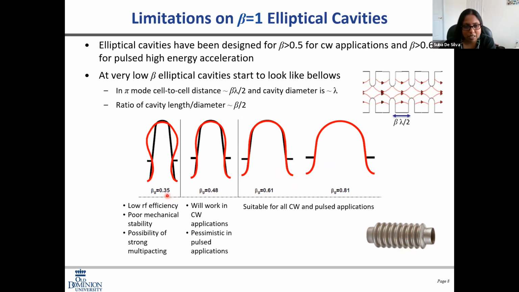So it's not at all favorable because of the poor mechanical stability, you do not get good RF efficiency, and also there is strong multipacting at the equator region that you cannot eliminate. Around beta 0.5, it will work in CW, but not so much in pulsed mode. But for the high beta ones, the elliptical cavities are in operation at the moment, like in SNS.